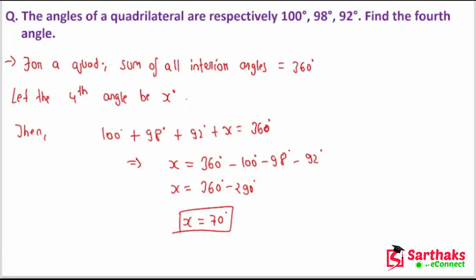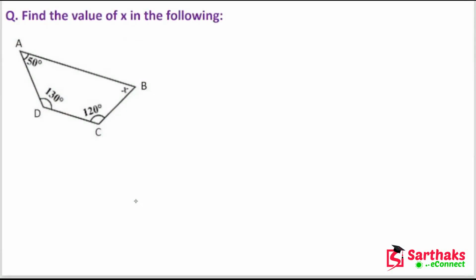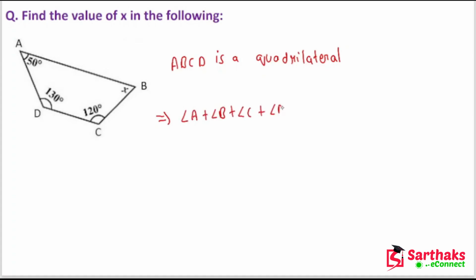Let us take another example. This example simply says find the value of x in the following figure. So we have to find the value of x. You can clearly see ABCD is a quadrilateral, so it must follow the angle sum property, which simply says that angle A plus angle B plus angle C plus angle D is equal to 360 degrees.